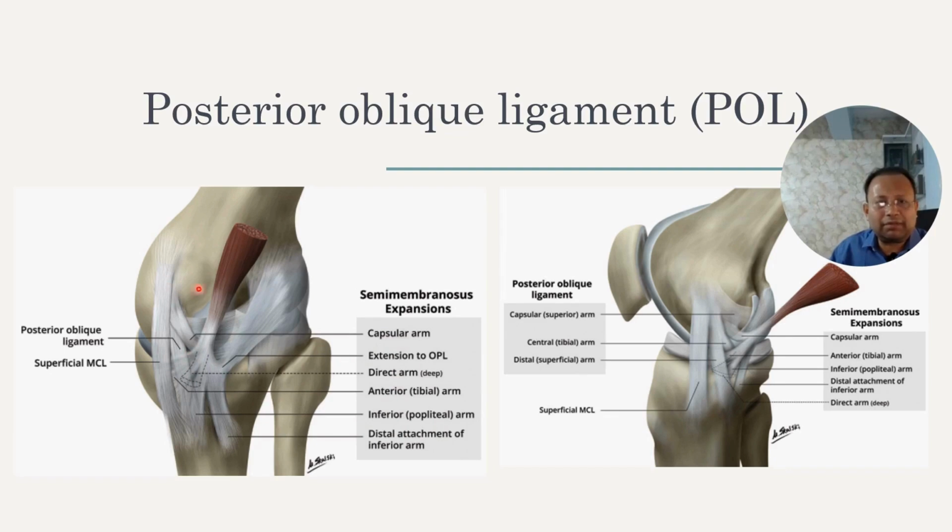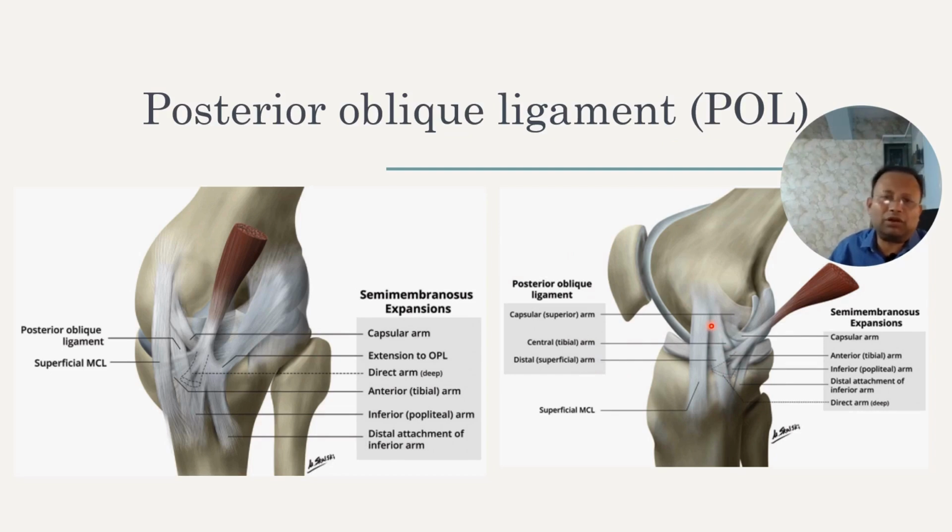So this is there in the posteromedial corner, and below that, if I remove this one, then there is the posterior oblique ligament. This is the posterior oblique ligament, and it also has multiple sleeves: capsular arm, central arm, distal superficial arm. It has multiple divisions, but this is one important ligament.